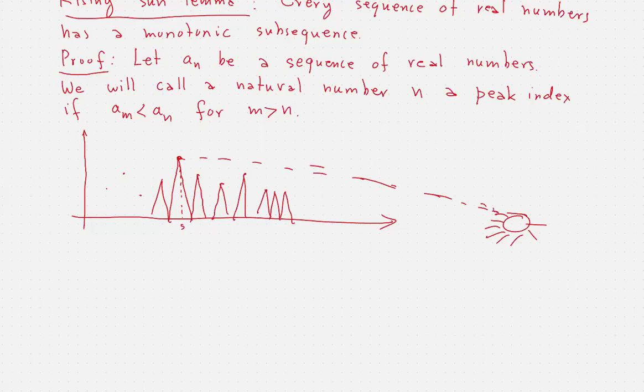Because for other peaks, there will be something in front of them that will hinder the light from getting to them.